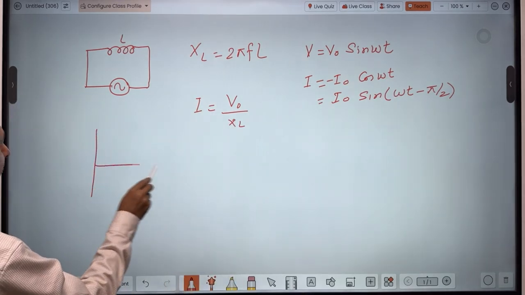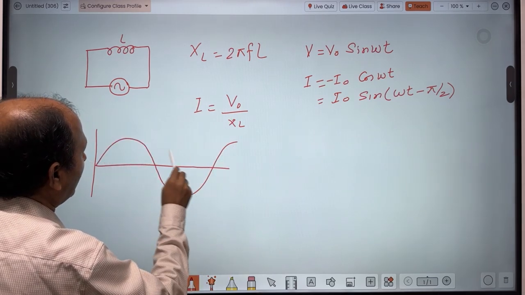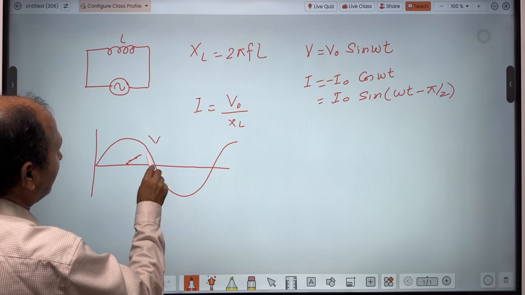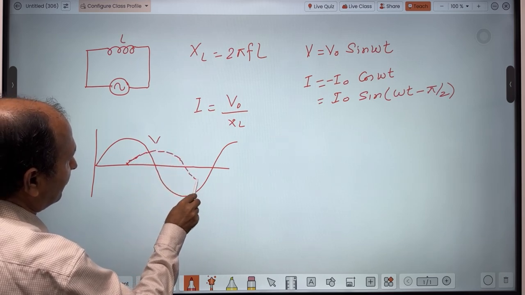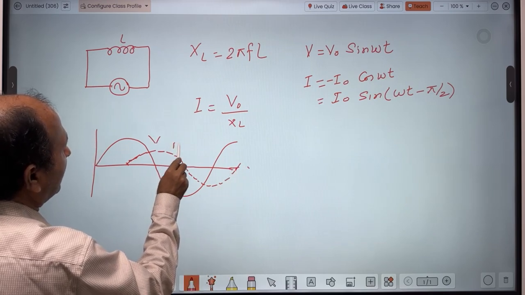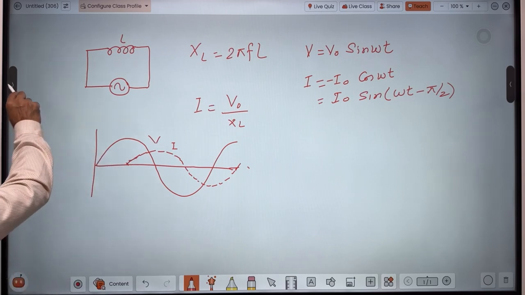And if you remember, graph is like this. If this is voltage, then current will be like this, right? So this is current. So it is clear that current lags voltage by pi by 2.